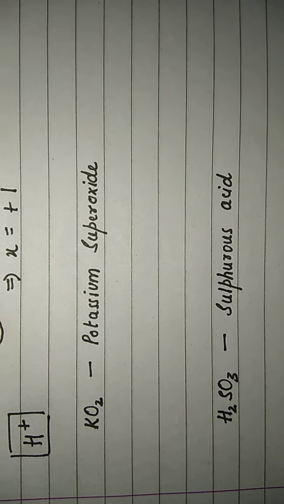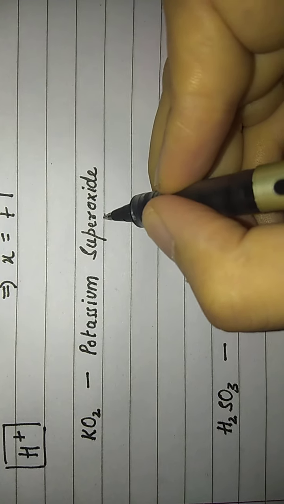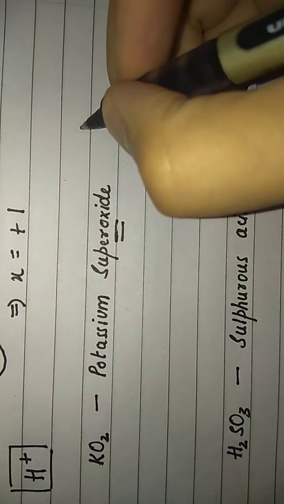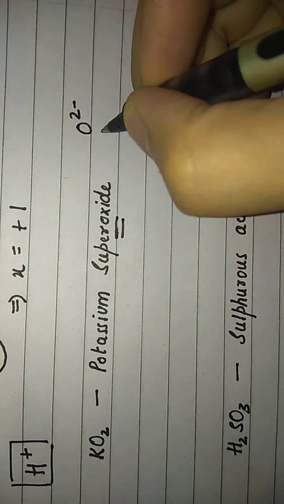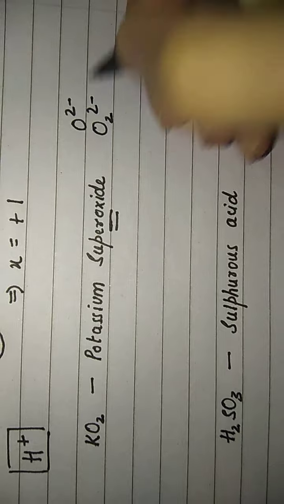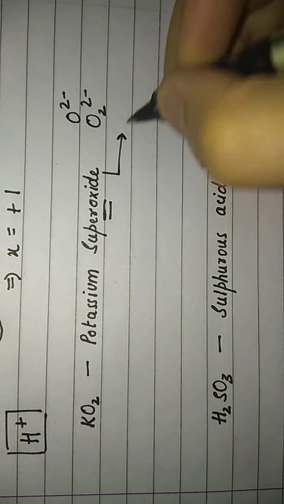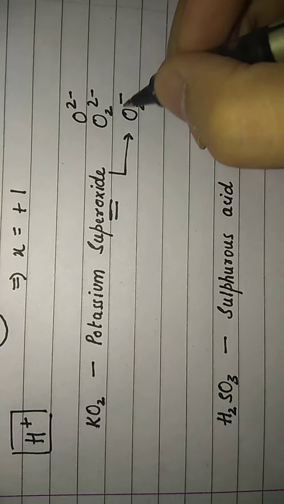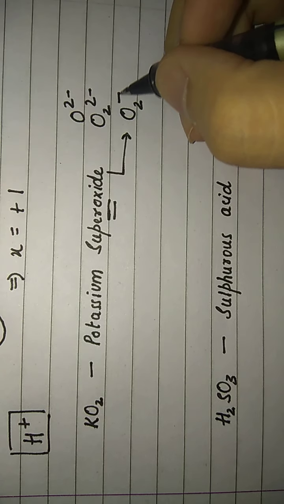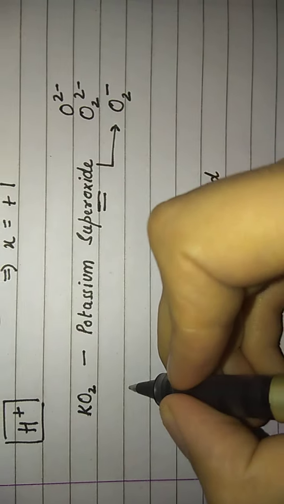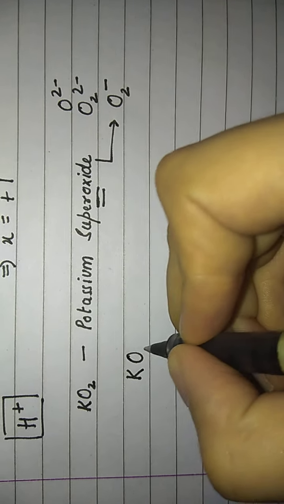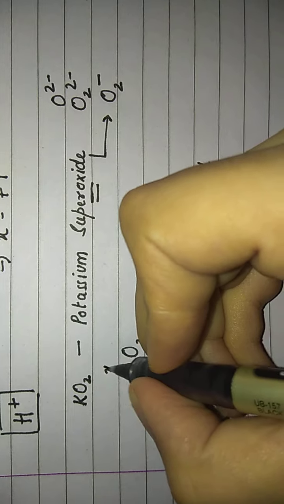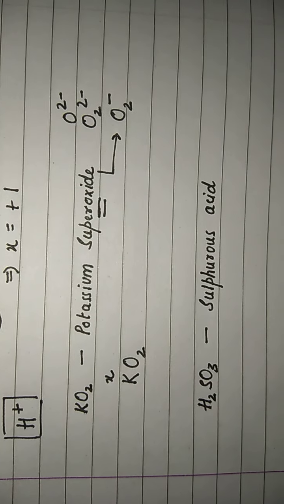Now potassium superoxide. Alright, just like oxide is O2 minus, peroxide is O2 2 minus, superoxide is O2 minus. That means over this whole O2 you have only -1 charge. So potassium superoxide, I ask you to calculate the oxidation state of potassium here.